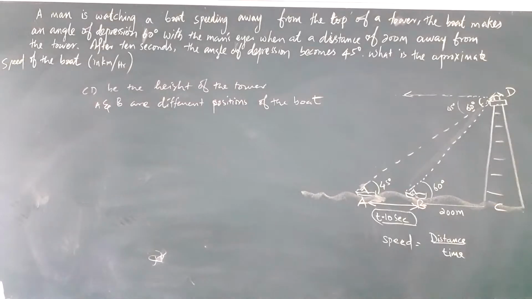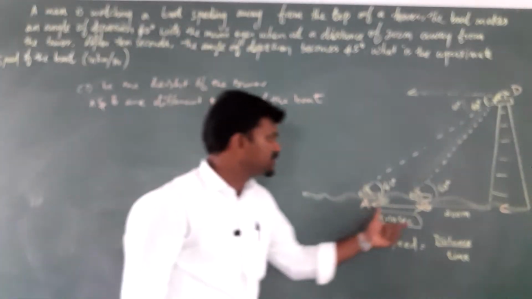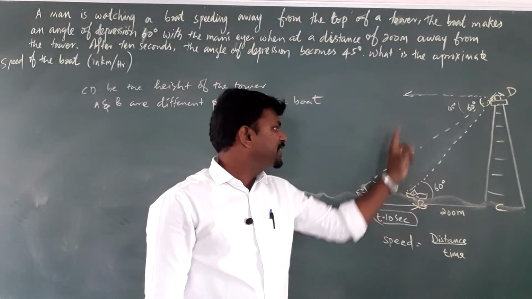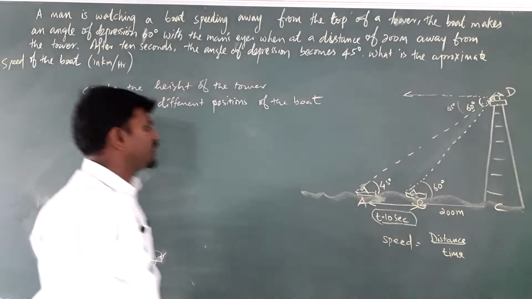Okay, that's enough. So see, first here we have two right angle triangles, one is BDC, the other is ADC. So we will use both the triangles.